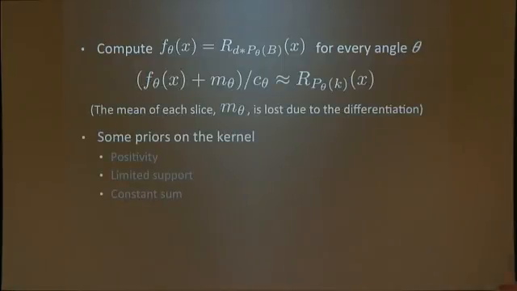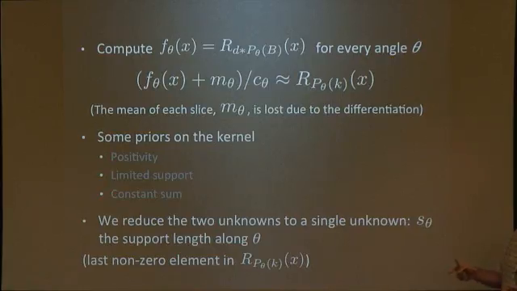Okay, so to account for these, we have some physical priors over the kernel. One thing is that we expect the Blur-Kernel to be positive valued, that it has a limited support, so it's not infinite, and we can bound it, and we actually assume that the user is giving us a bound, and that it has a constant sum. We can assume that it sums to 1.